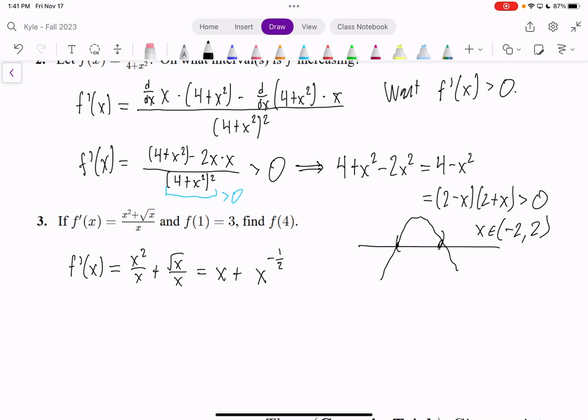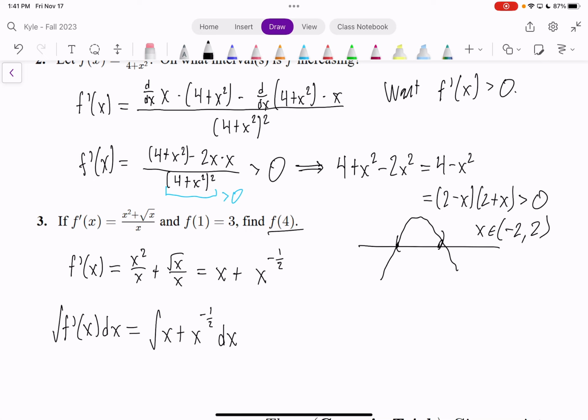So now if we want to find f of something, let's take the integral. We know from the fundamental theorem of calculus that the derivative and the integral are reverse operations. So we'll take the integral of our f prime of x dx, which is the integral of x plus x to the negative 1/2 dx.